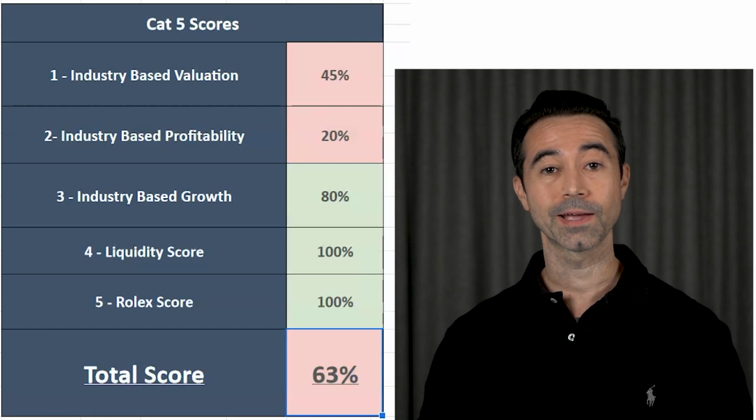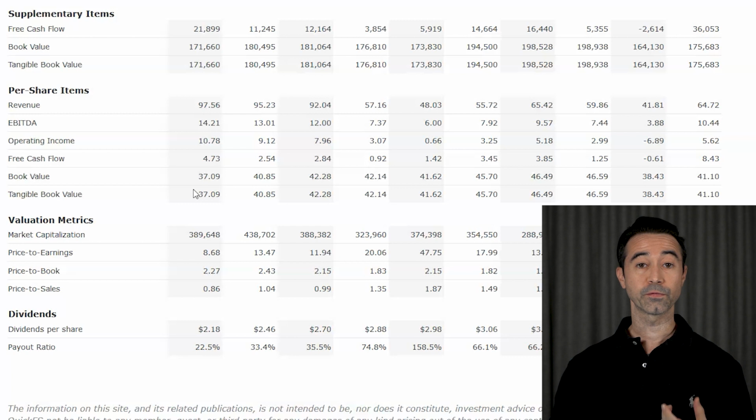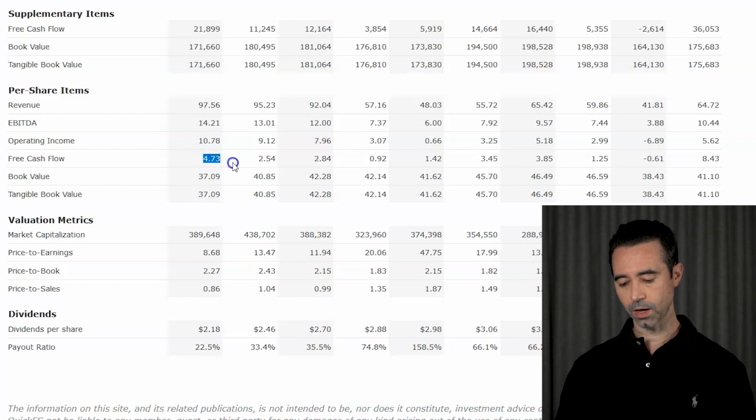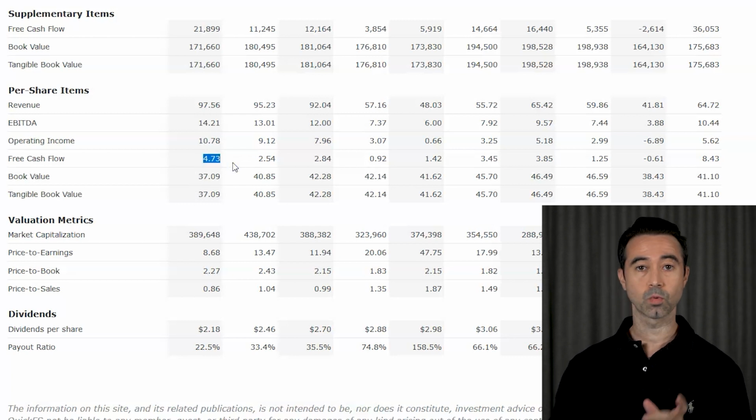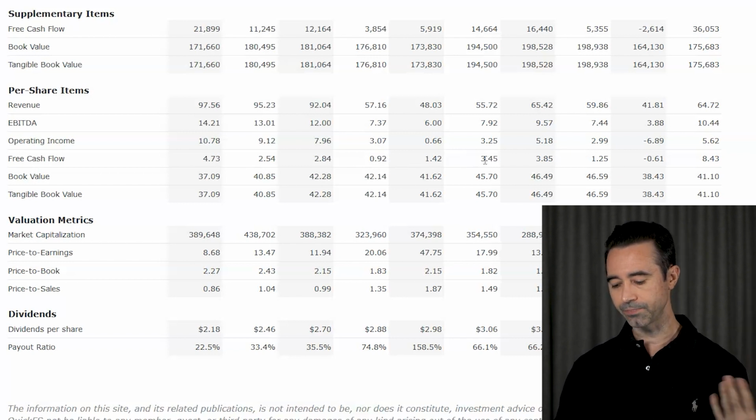Let's go on and take a look at the price to free cash flow, the discounted cash flow. Taking a look at free cash flow per share, you can see $4.73 back in 2012. And then it just declined over a few years because of gas prices or oil prices declining, right? So oil prices decline. It finally hits, let's say, a bottom here.